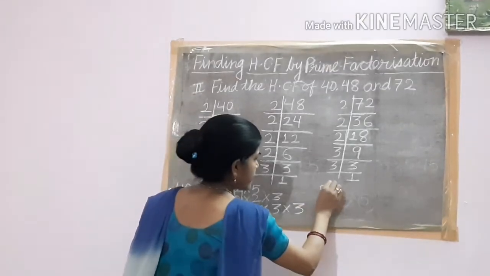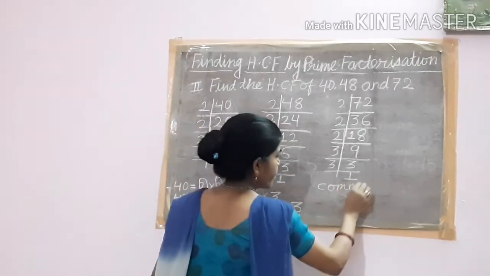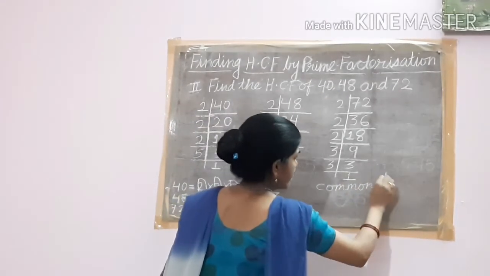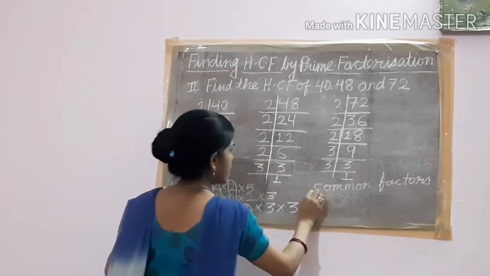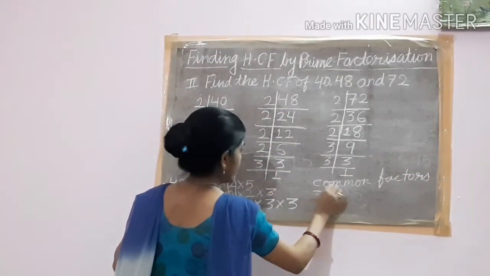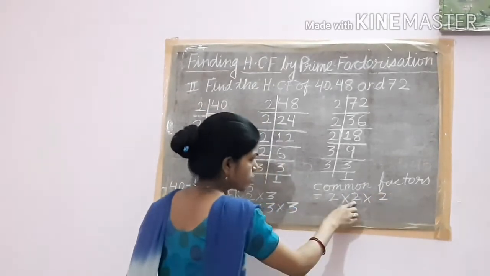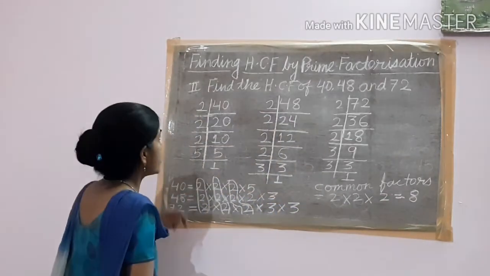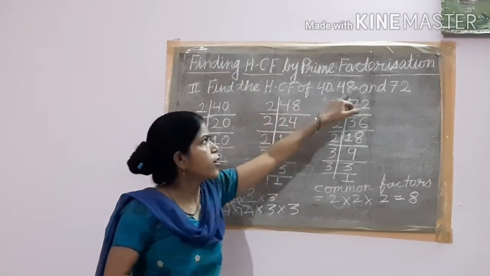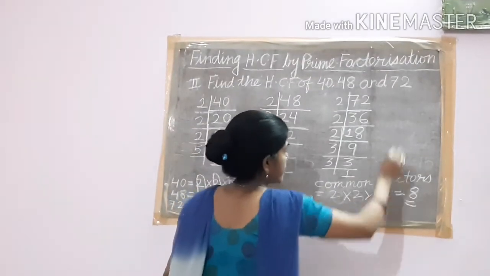So common factors are 2 multiplied by 2 multiplied by 2, that is 2 twos are 4, 4 twos are 8. So HCF of 40, 48 and 72 is coming 8.